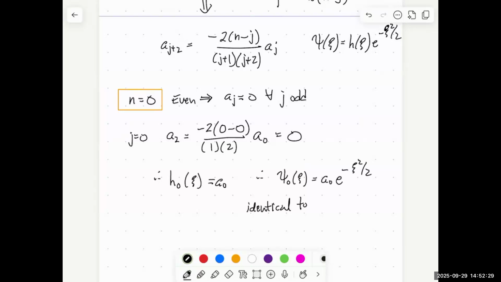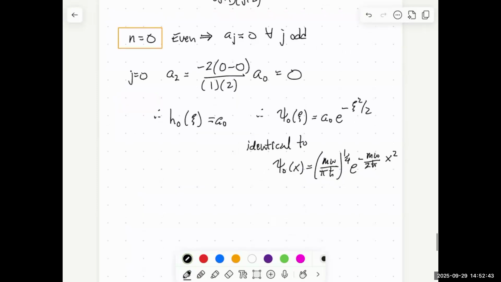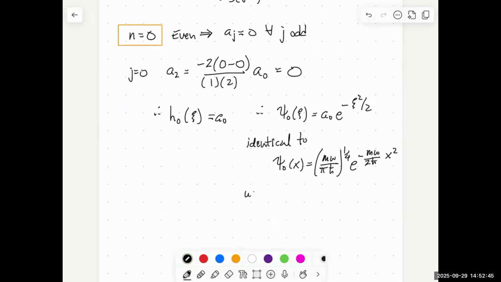to what we had last time: e to the minus m omega over 2 h bar x squared. So this is identical if we use our definition for this parameter z, m omega over 2 h bar x, is how we defined it.